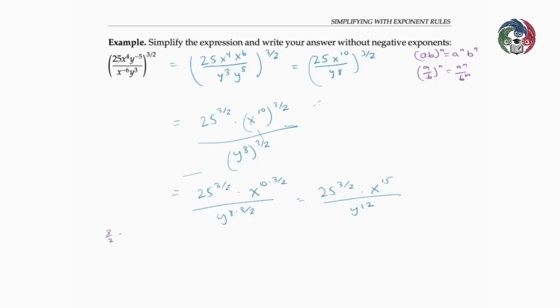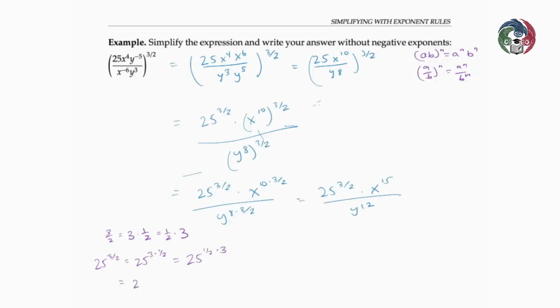Since 3/2 can be thought of as 3 times 1/2, or as 1/2 times 3, I can write 25 to the 3/2 as 25 to the 3 times 1/2, or as 25 to the 1/2 times 3.